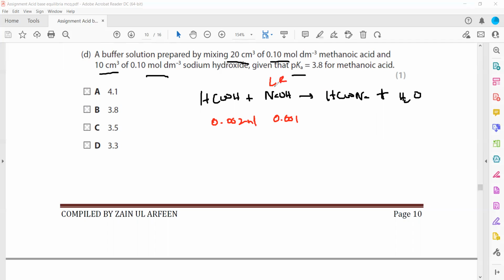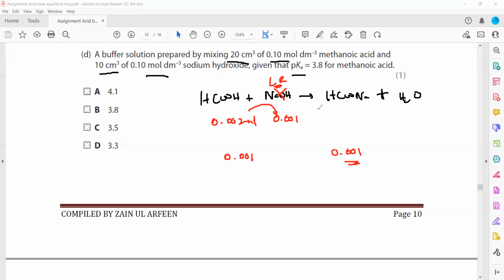So sodium hydroxide is the limiting reagent, so it will be used up. As it is used up, how many moles are left for the acid? 0.001 reacted because of the 1:1 ratio. So left is 0.002 minus 0.001, which is 0.001. And the moles of the salt formed is also 0.001.